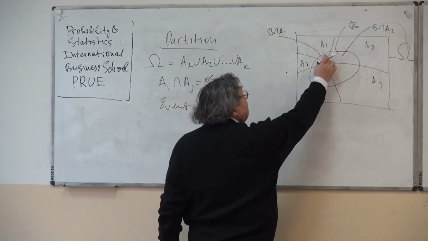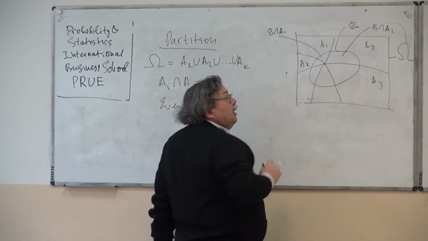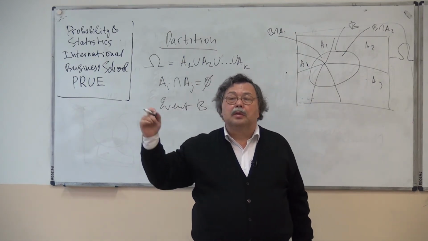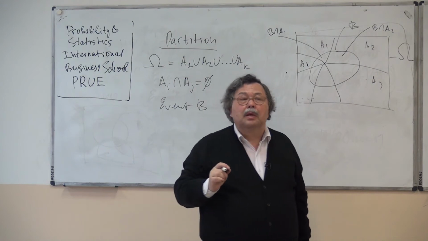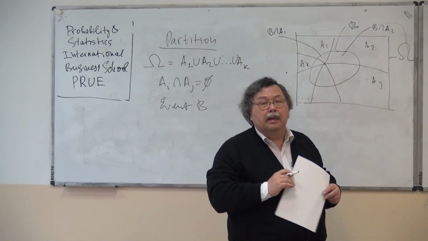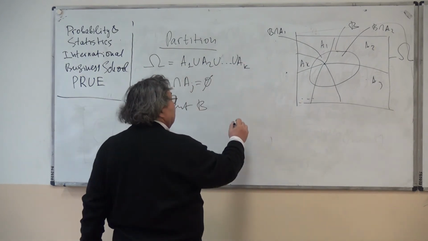So these sections are mutually exclusive because A1, A2 and so on are all mutually exclusive. And these sections put together form B. Let's write it down. It's important.